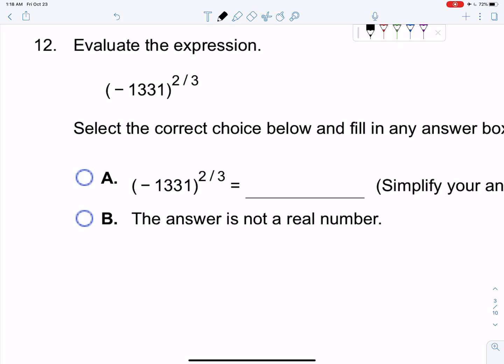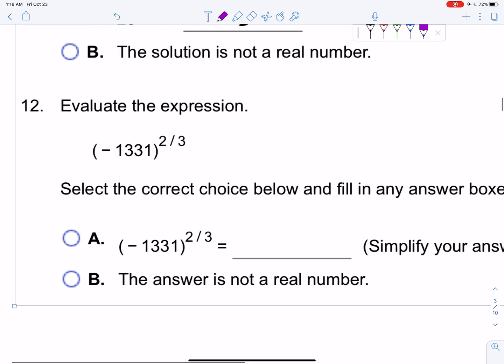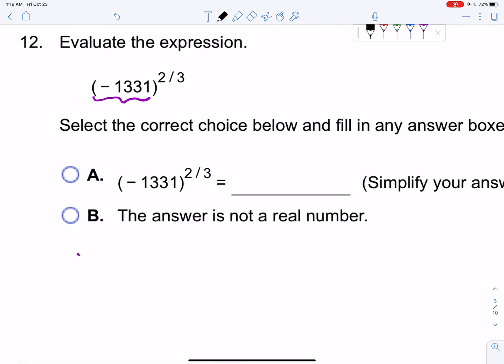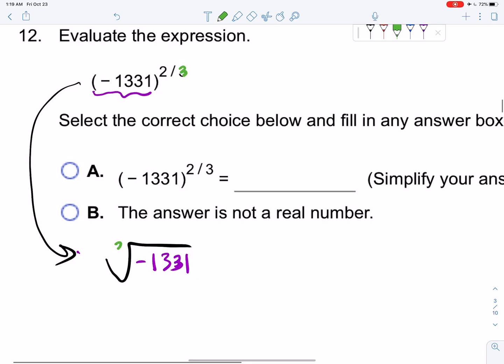So in this case, because of the parentheses, inside the radical, so when I change this to a radical form, inside the radical is going to be my radicand, which is the base, negative 1,331. Of course, my denominator is my index of 3.